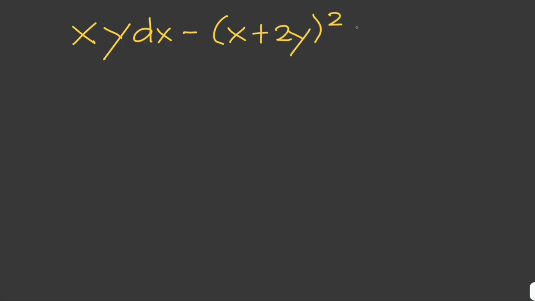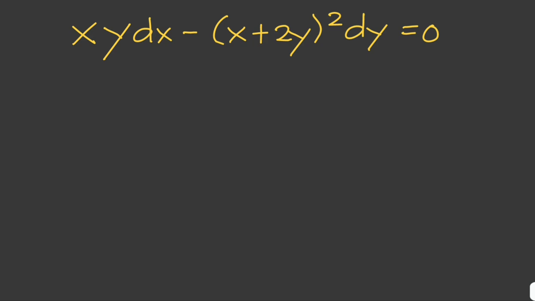Let's say we're given this problem: xy dx minus (x plus 2y) squared dy equals 0. Now let's check first if this is a homogeneous differential equation. So we have xy here.